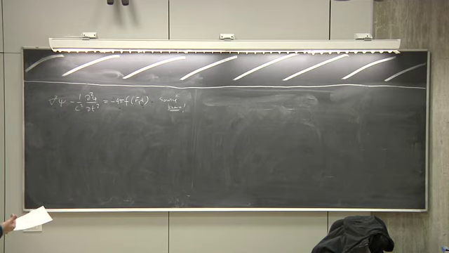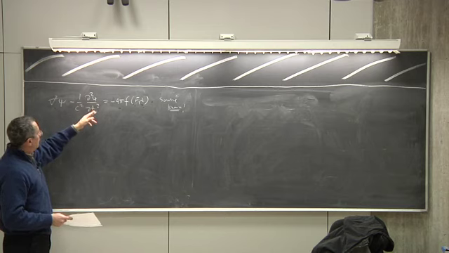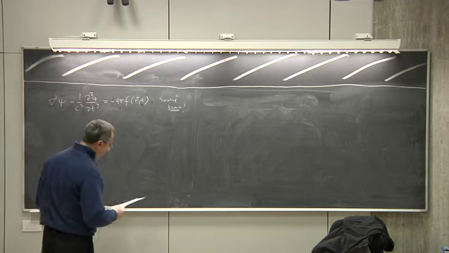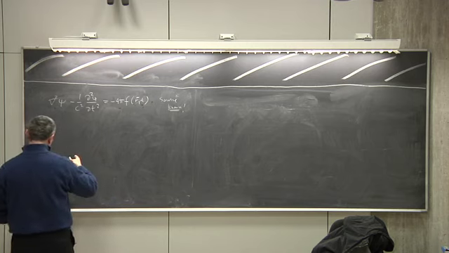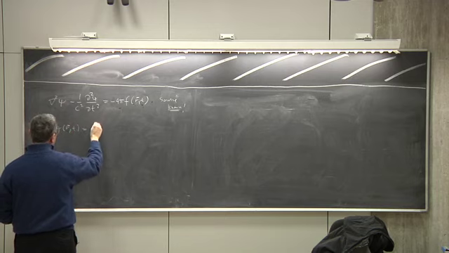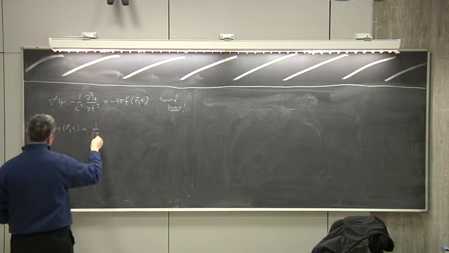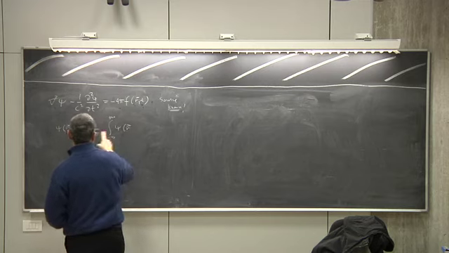But first, I want to do a Fourier transform. I don't like this fact that it depends on r and t. I'd rather use a Fourier transform to transform this equation to a nicer form. And how do you do that? Well, you already know that if you have a function of space and time, this can be Fourier transformed, this is just a normalization, into a function psi of, well, space I leave alone.